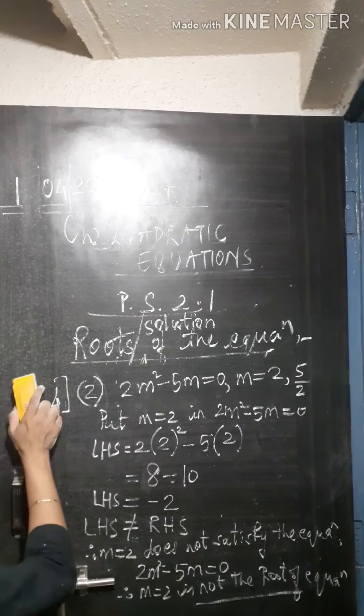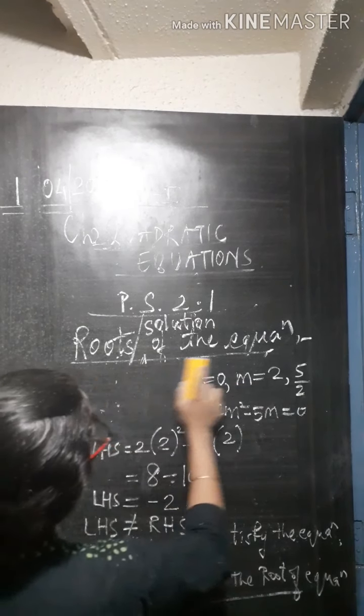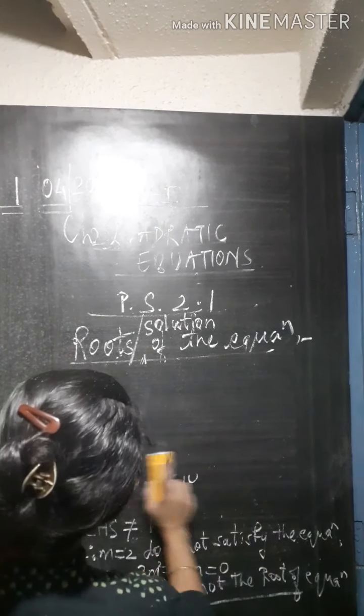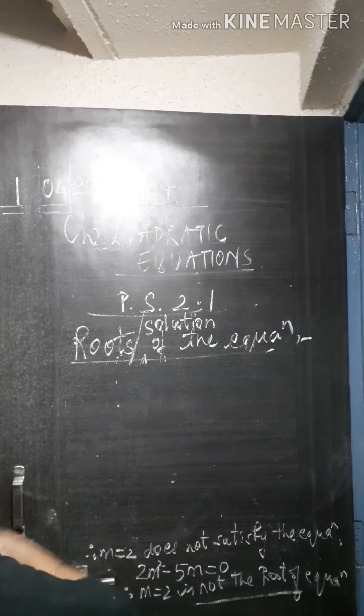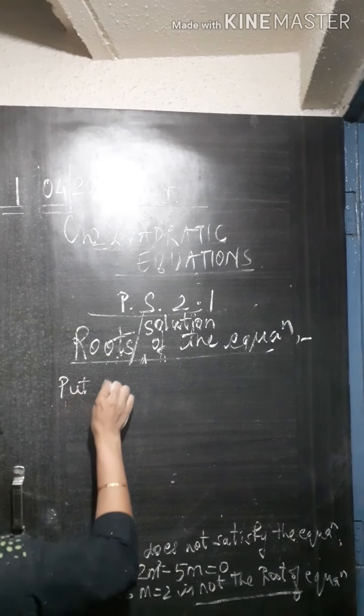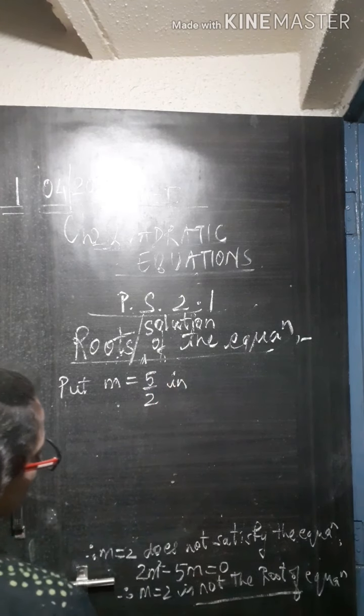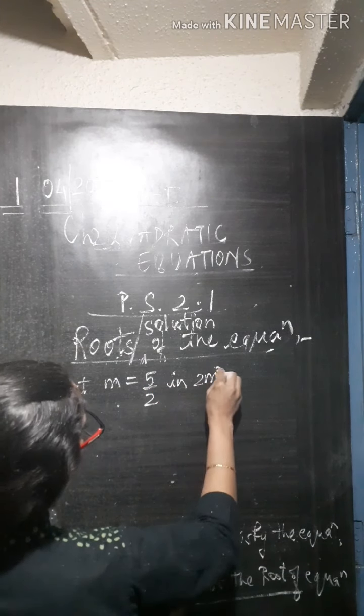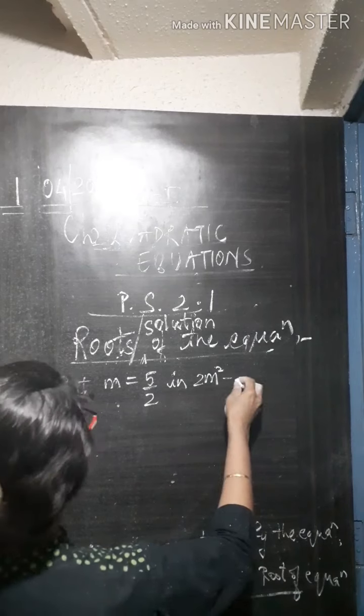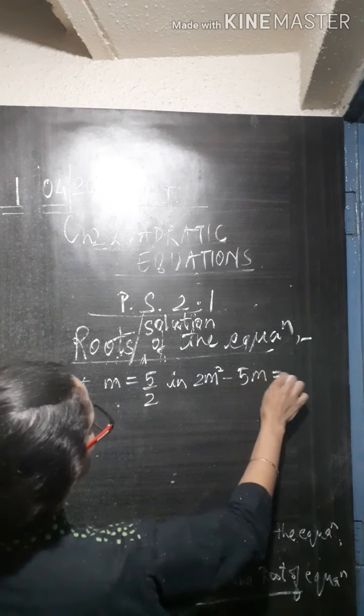So next we talk about m equal to 5 upon 2. Let us check for m equal to 5 upon 2. Does it satisfy? Put m equal to 5 upon 2 in 2m square minus 5m equal to 0.